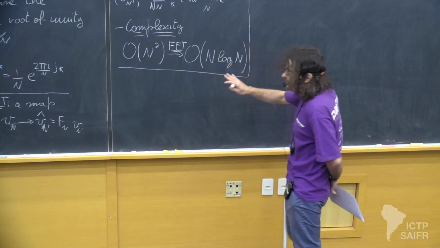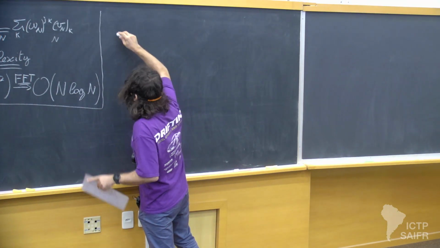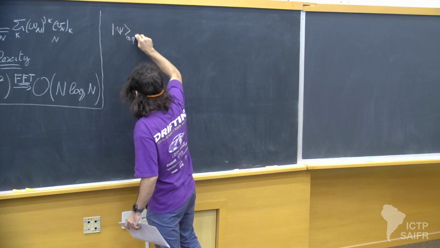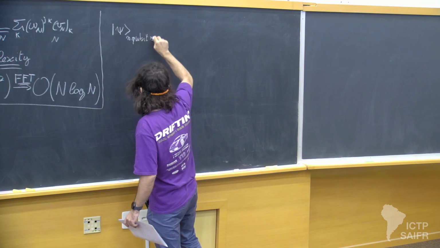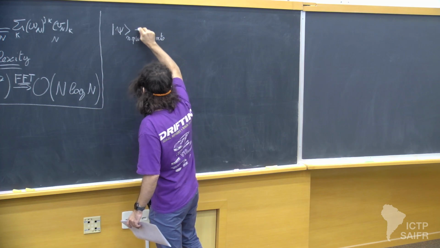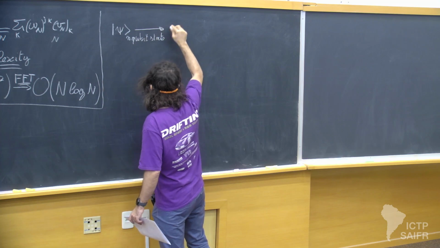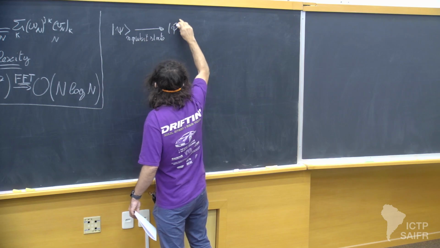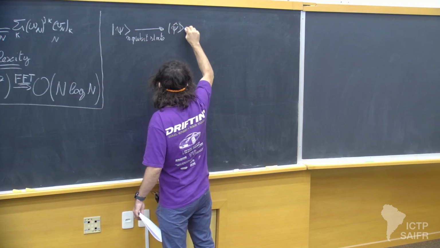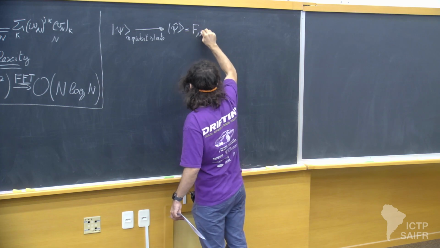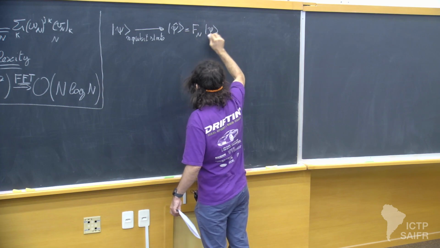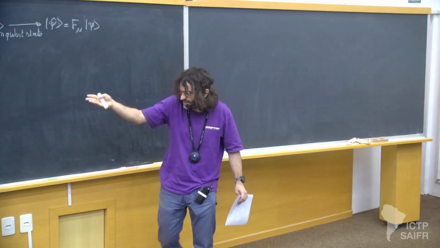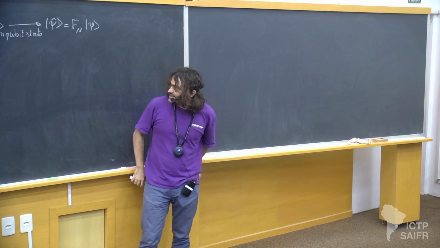So if you want, Fn already defines an operation acting on psi, which is an n-qubit state, and this can go to psi prime, which is given by Fn acting on psi. So Fn is already per se a quantum operation because it's unitary. It's linear for obvious reasons, and it is unitary. So it's a quantum operation.